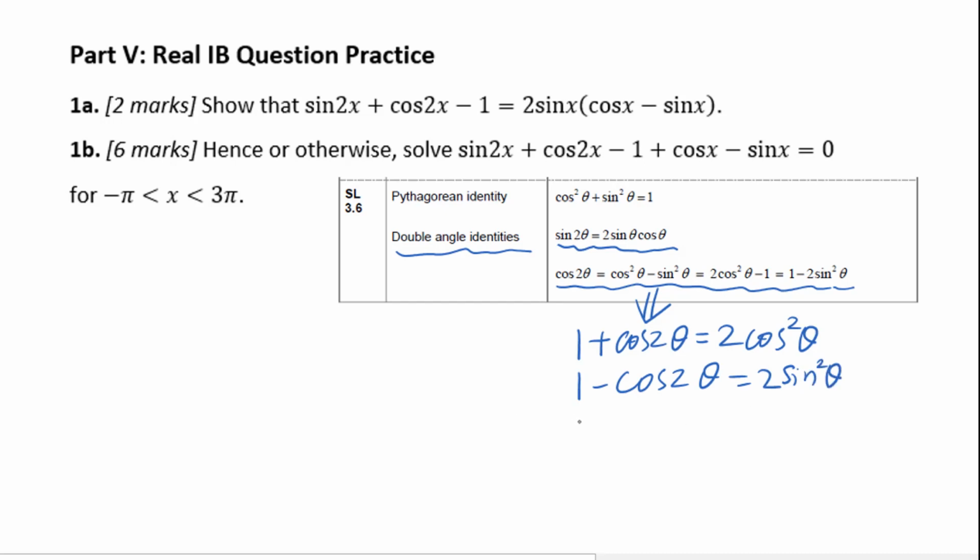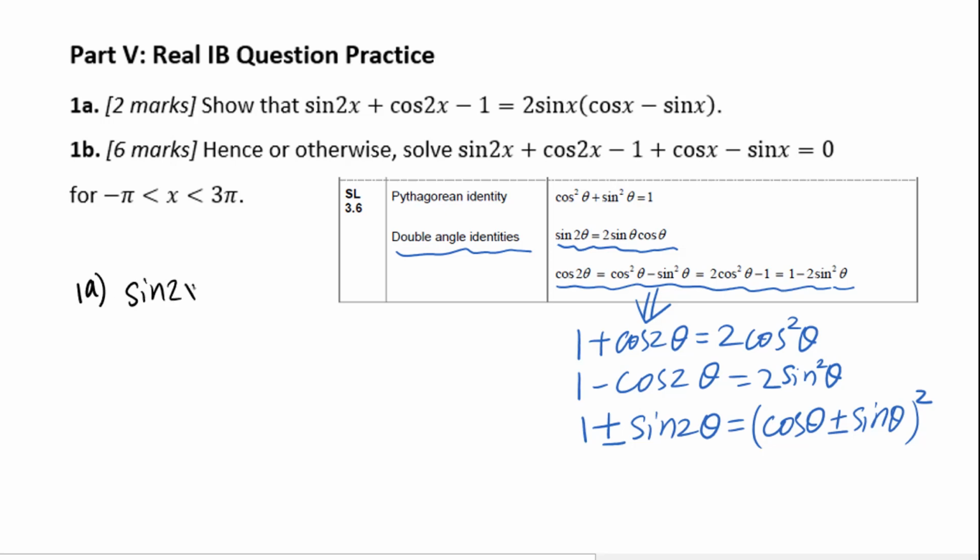Also, we need to remember 1 plus or minus sine 2 theta equals cosine theta plus or minus sine theta, squared. Therefore, for 1a, sine 2x plus cosine 2x minus 1: sine 2x, we use this formula, and you will get 2 sine x cosine x.